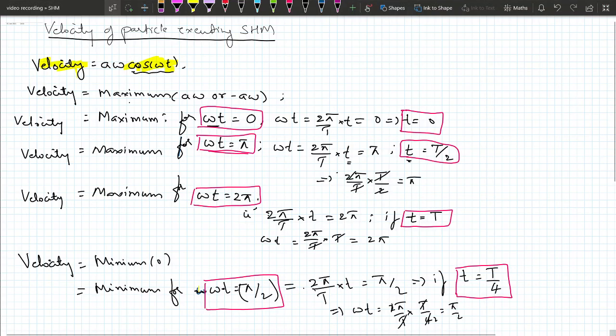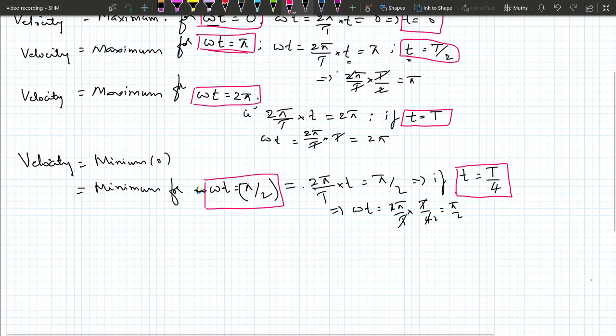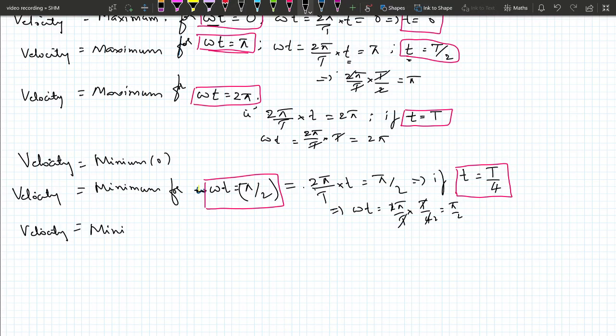Similarly, there is one more minimum you can attain. The velocity is minimum, it is 0, in this case for omega t equal to 3 pi by 2. So whenever you have 3 pi by 2, cos omega t will be 0.